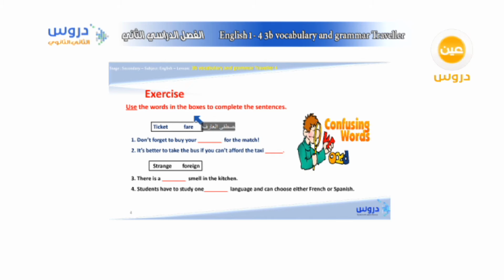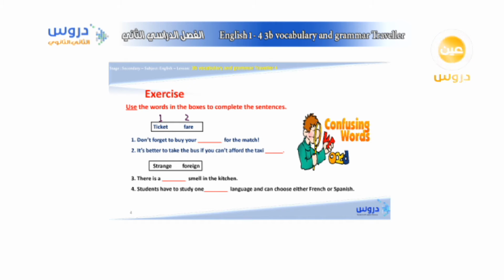So if we want to write the answer, the best answer for number one is ticket, and fare is number two. As we said, you buy the ticket for train, for plane, or for ship, or for movie. And the fare is in the second one, meaning an amount of money like fees.